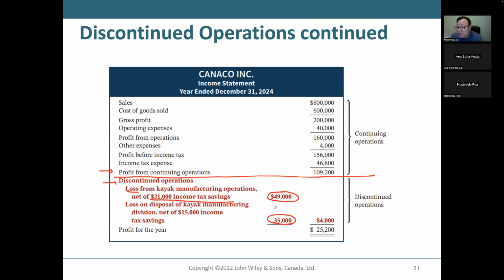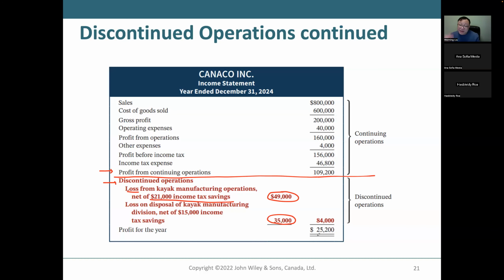In the current year, when we consider the tax effect, the net is a loss of 49,000 from the manufacturing operations, and the loss from disposing of this division is 35,000. Together, 84,000. Profit for the year is 25,200.